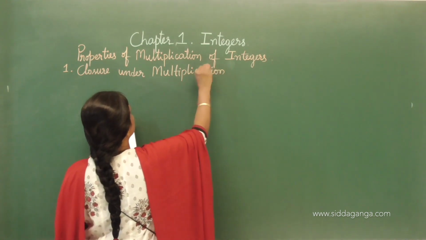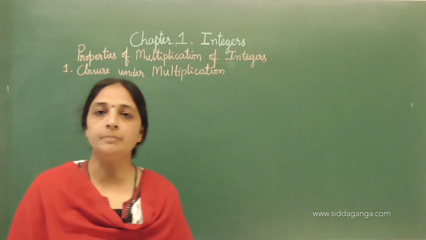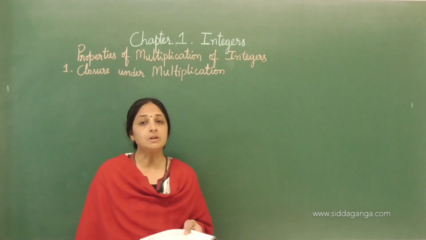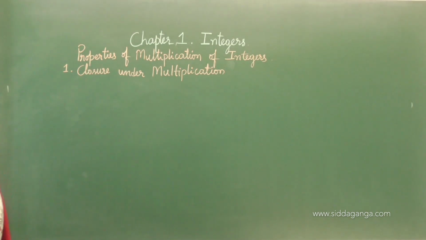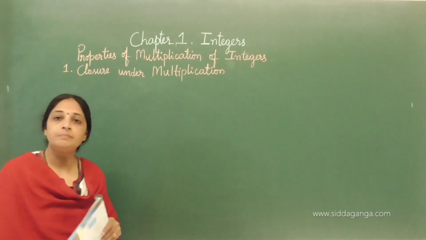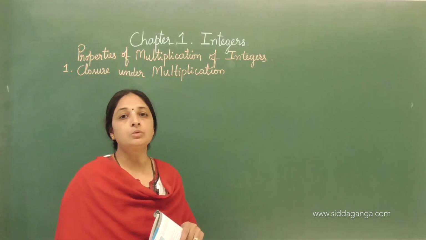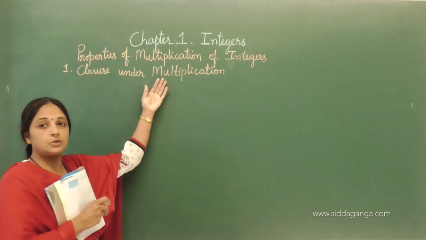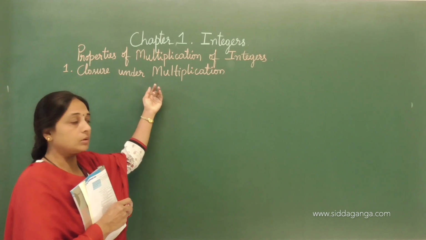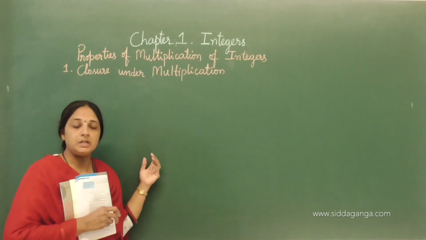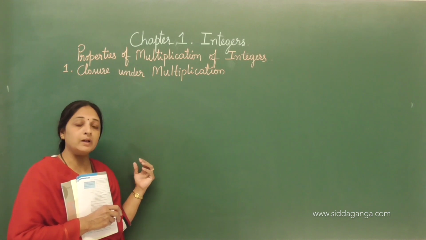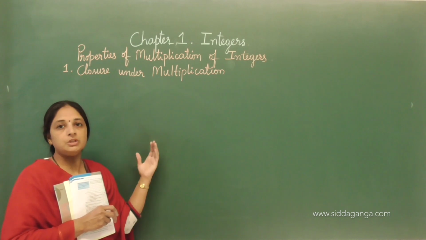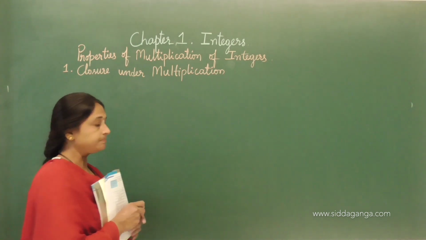How many numbers can we take here? Here we consider two integers, positive or negative integers. So what does the closure property tell? When we take two integers and multiply them, because we are doing it under multiplication, if the product is also an integer, then we can tell that it's closure under multiplication.